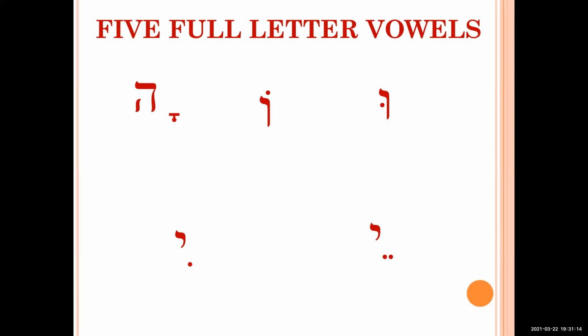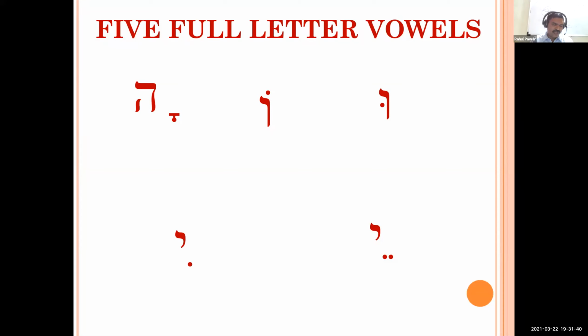So my question was, for example, if it is Komets Hey, how will it be written when it is for the consonant Hey itself? Will we add Hey and then again Hey?